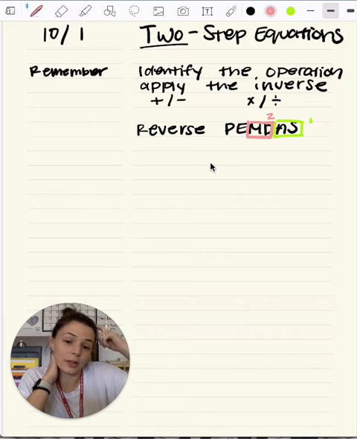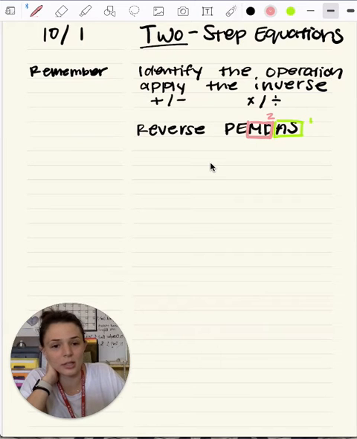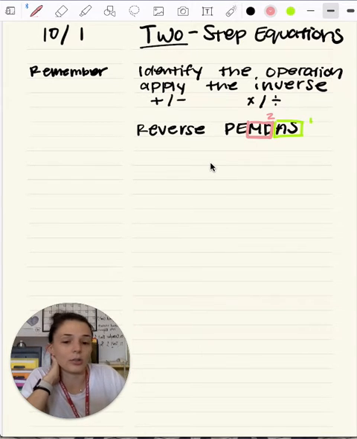And we're going to stop right there for now because with two-step equations, you won't have to worry about exponents or parentheses. So you just have to remember that you're doing addition or subtraction first, then you're doing your multiplication or division.